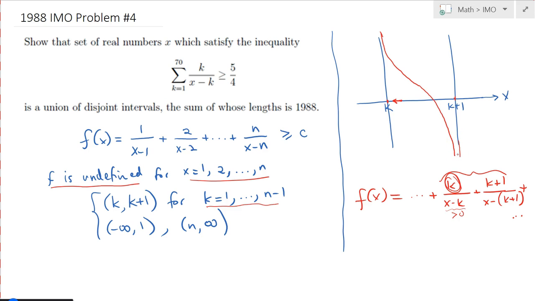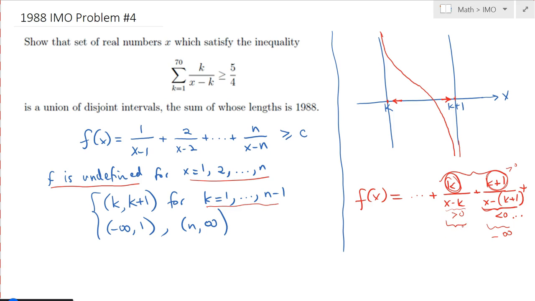How do I know it? Because as x approaches k plus 1 from the left hand side, the second fraction will be negative, but the denominator will also be very close to 0. And again, the numerator is positive, so as a result we will get a negative infinity here, which will dominate all the other terms, which are just finite numbers.